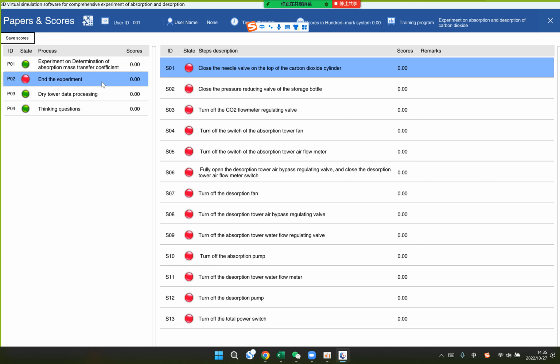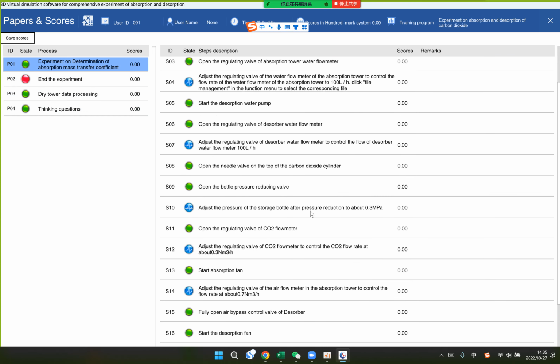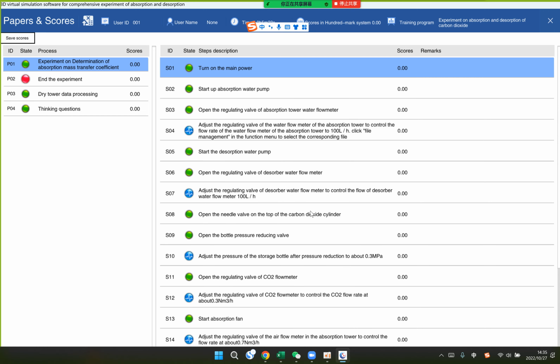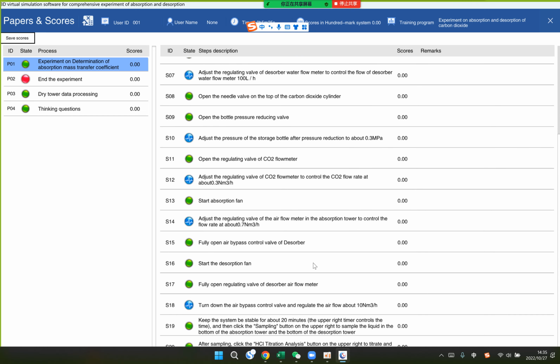The second experiment, we only have one set of data, but it contains mass transfer, so we have to wait enough time. If you read the instructions, you may find there are about 20 minutes for the mass transfer to become stable. So we just follow the steps one by one.